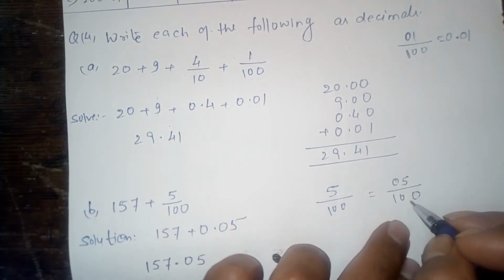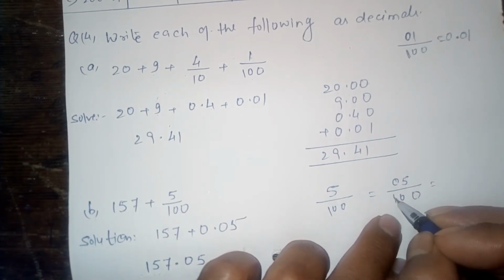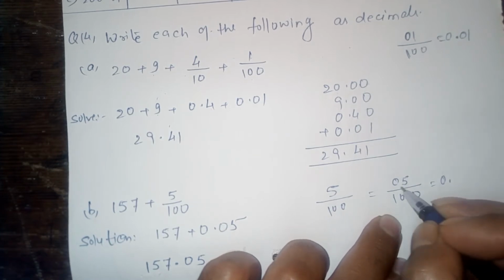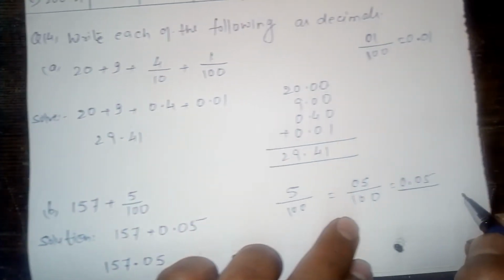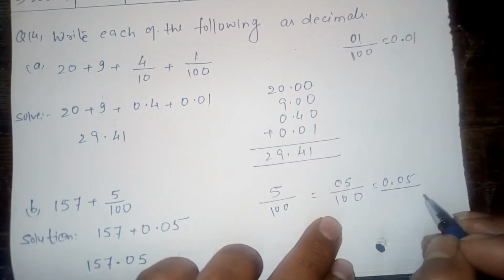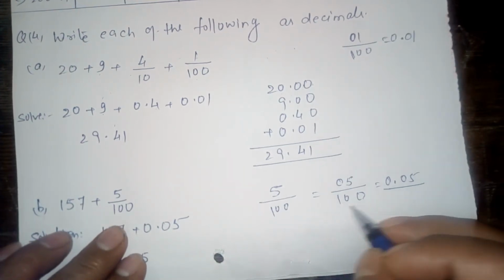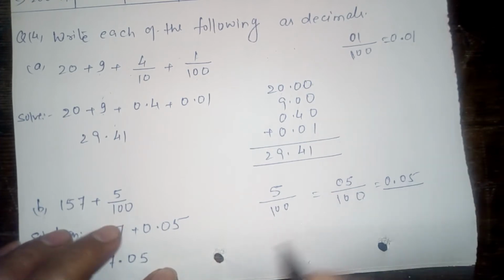Instead of the 1 we put a decimal point, and this will be 0.05. The meaning is 5 upon 100 we can write in the form of 0.05.